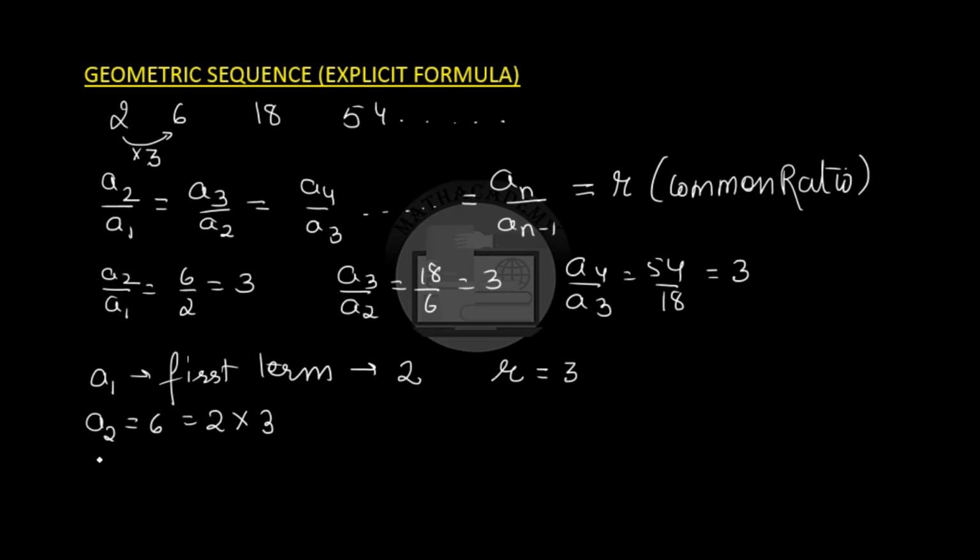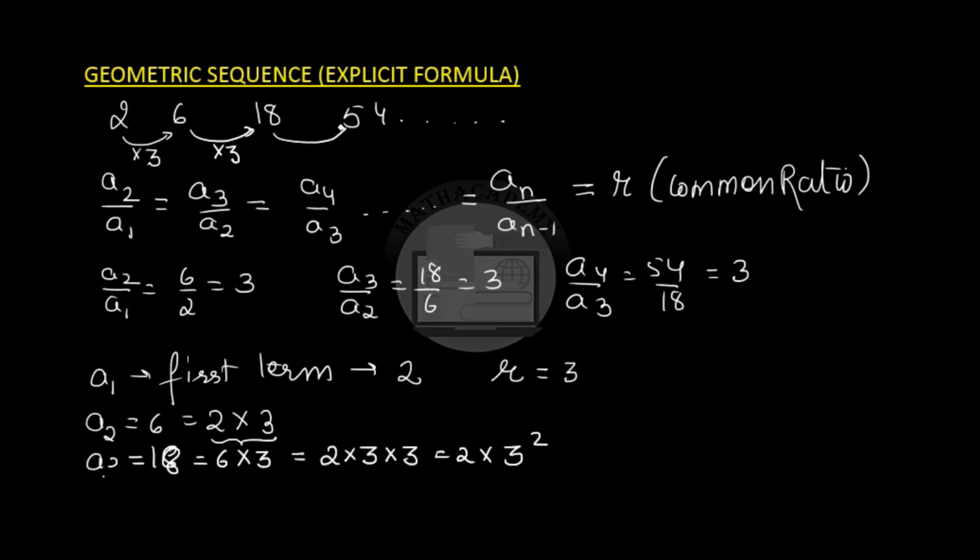Then a3, the third term in the sequence, is 18, and 18 is obtained by multiplying a 3 to 6. So I can write a3 as 6 times 3. And what is 6? 6 is 2 times 3. So I can write 2 times 3 times 3, which is 2 times 3 squared.